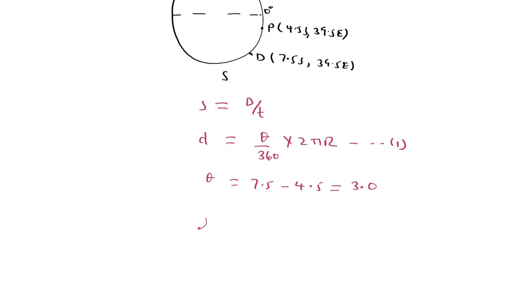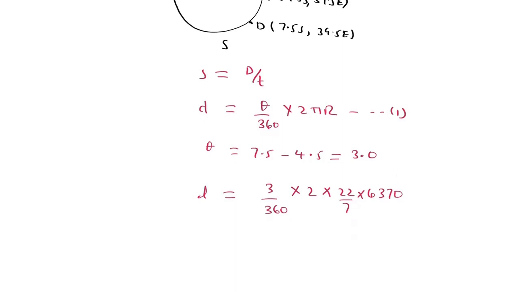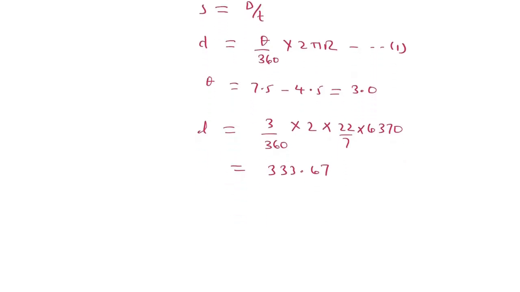Then distance equals 3 degrees over 360 degrees times 2 times 22 over 7 times 6,370, of which after solving the values, we are having 333.67.